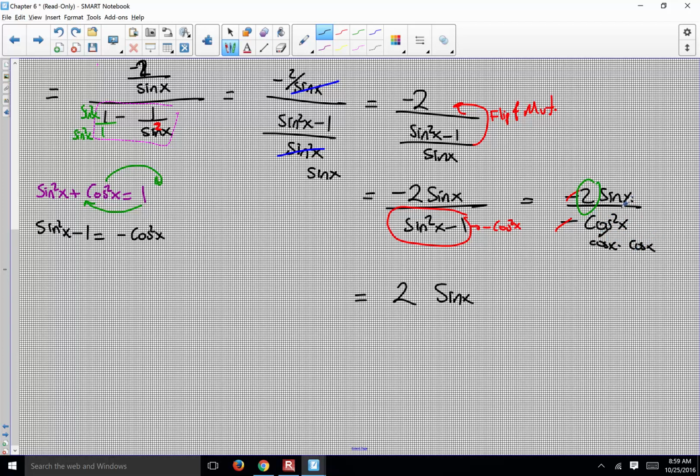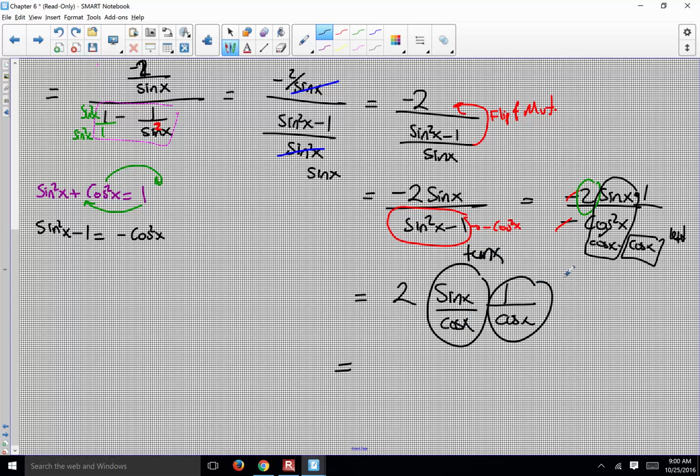Maybe two. So you want to group these together like that. Then what do I do with this leftover? Group this one as 1 over cosine, because everything can be multiplied by 1. So you're separating this cosine from the other group. I see where you're going. This is tangent and this is secant. Good job.